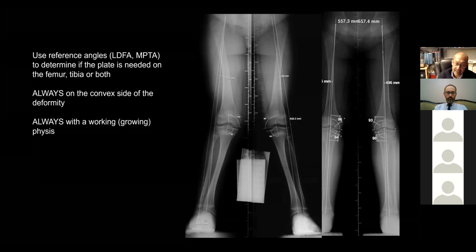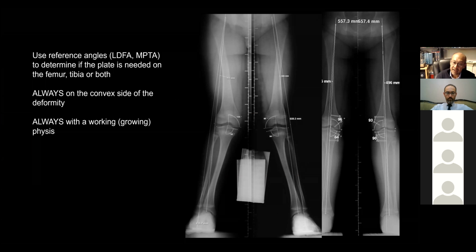So here is an example of genu valgum where the 8-plate growth modulation is being performed on the faster growing side. And the easy way to remember is it goes on the convex side of the deformity. Always apply this technique on a working physis.